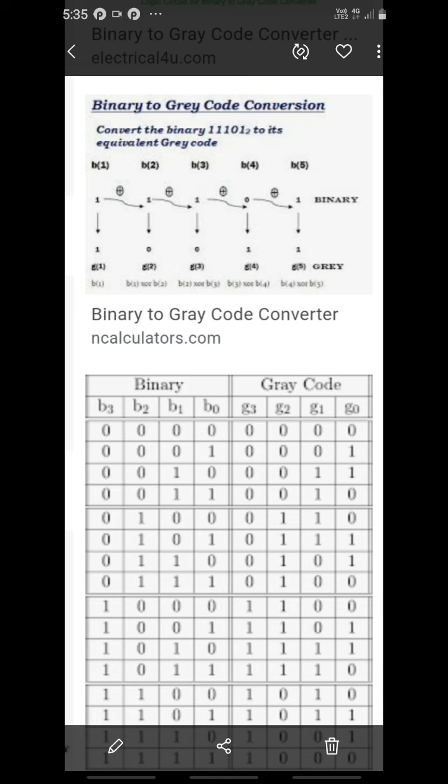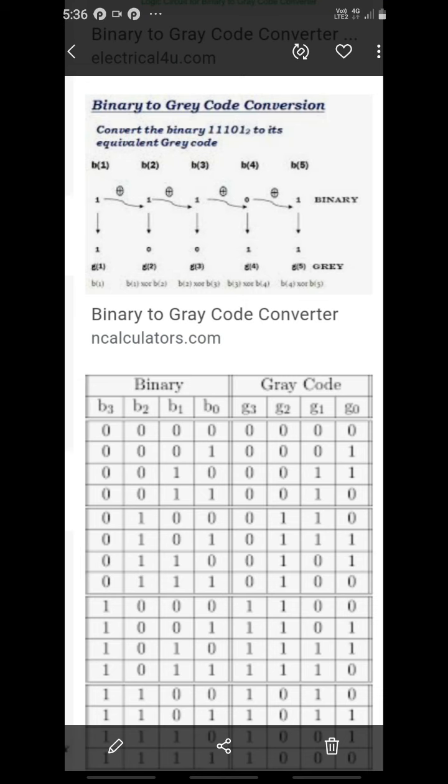And take the next binary form, that is 0010. The MSB is 0 and it is added to the next bit: 0 plus 0, 0 plus 1 is 1, 1 plus 0 is 1, like this.